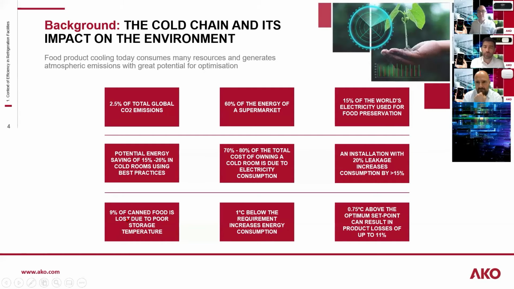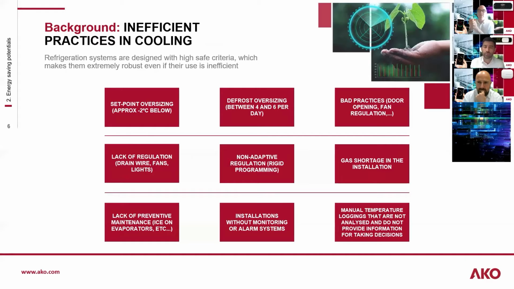So as you can see, refrigeration has a big impact on the environment, but the good news is that there is a lot of energy saving potential that we can address. What are the inefficient practices in cooling that we usually face in the market? For instance, the set point. Usually there are oversized set points, about 2 degrees below the necessary, just to be safer, let's say.